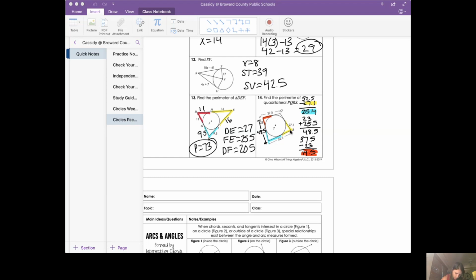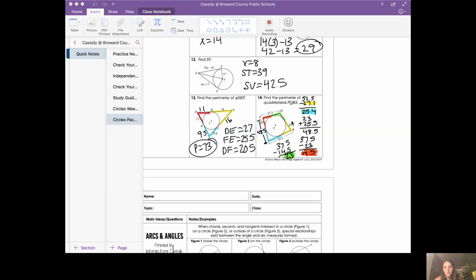Sorry if you lost me, I know this is confusing. So this part is 37.5 minus the red 14.5, which equals 23. So that's going to be your green, it's 23.